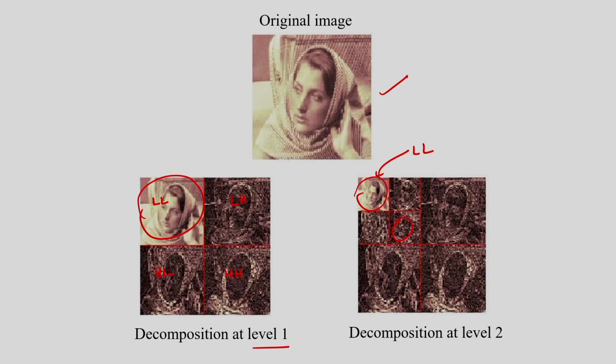So that is why I have to allocate more bits for the LL component as compared to the LH, HL or HH components. So for image compression I can neglect these components, the redundant information I can neglect. That means I can give maximum importance to the LL component as compared to other components.